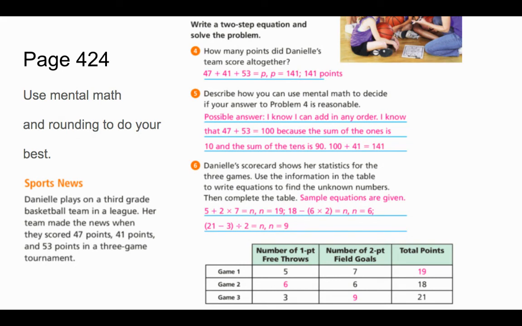And for game 3, she scored 3 free throws and 21 points altogether. So if you subtract 3 from 21, that gives you 18, and 18 divided by 2 points for each gives you 9 field goals.